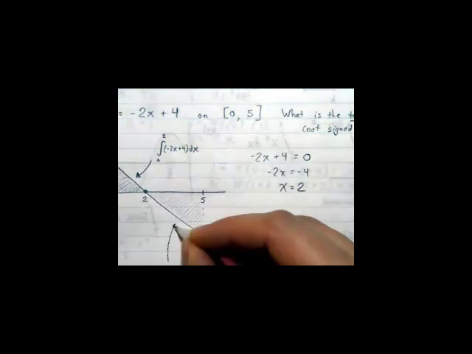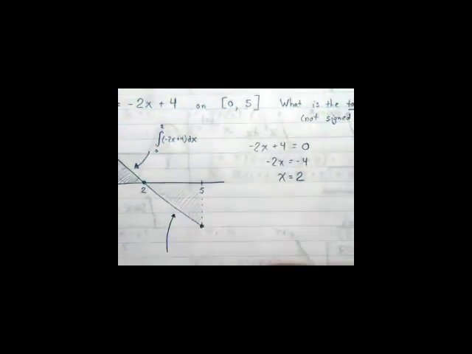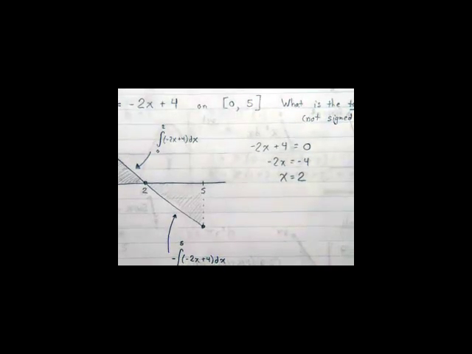And this area down here would be the integral from 2 to 5, except negative, because we're not looking for signed area anymore, of negative 2x plus 4 dx. Okay, so that's where that little rule is coming into play. We've got a portion of this that's underneath the x-axis, so in that portion, if we're looking for total area, we've got to flip the sign on that and make it positive.